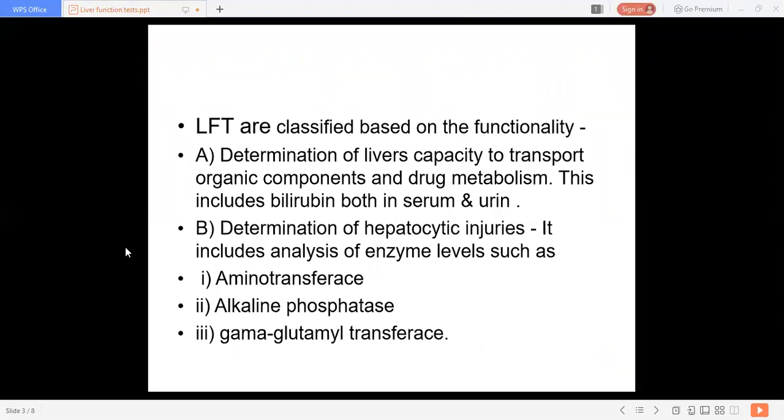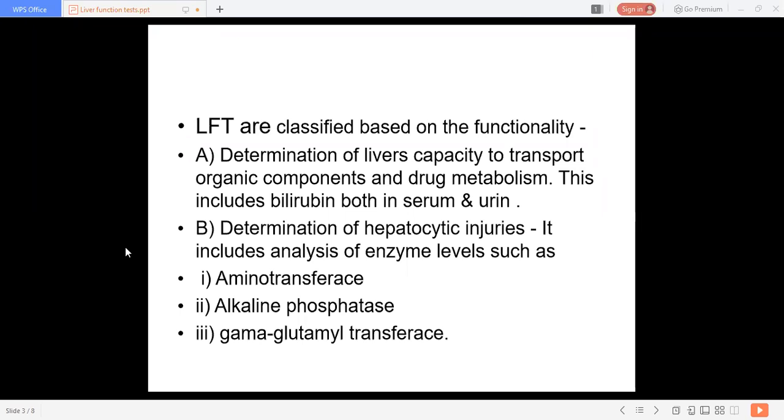Conditions like hypothyroidism, pernicious anemia, and zinc deficiency cause a decrease in the levels of alkaline phosphatase. So the levels rise in case of blockage of the bile duct, cirrhosis, cancer of the liver, or hepatitis.